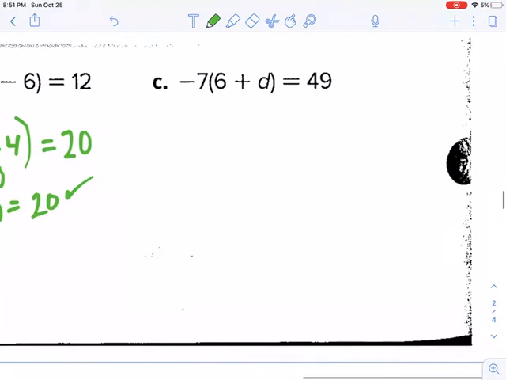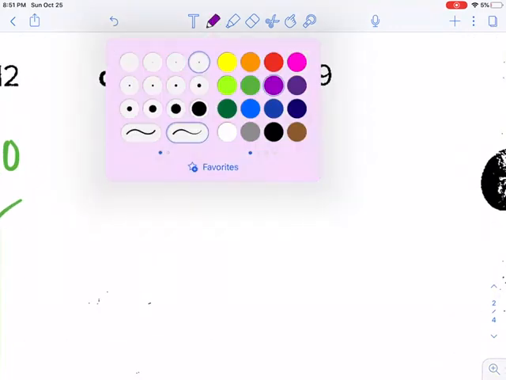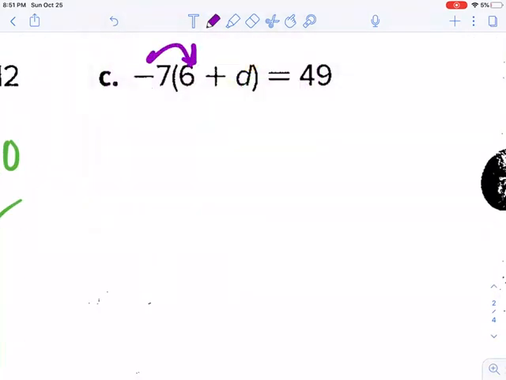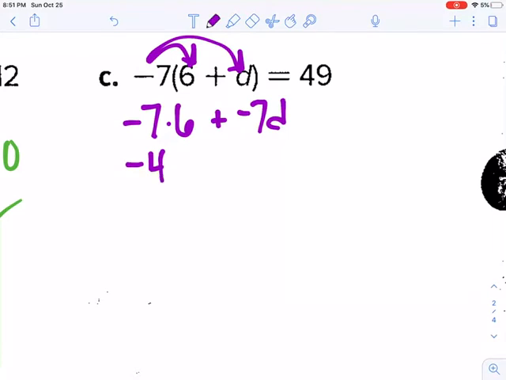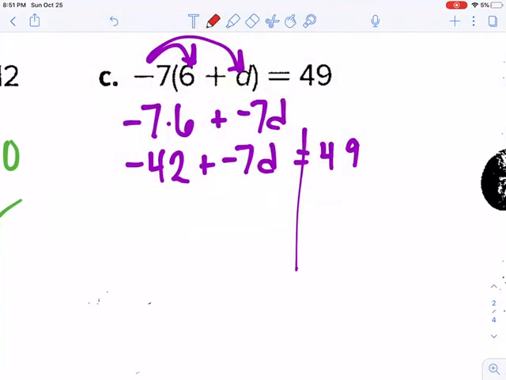All right, let's look at letter C. That negative 7 has to be multiplied by everything inside. So that gives us negative 42 plus negative 7d equals 49. We're going to first get rid of the negative 42, so we're going to add 42 on both sides.